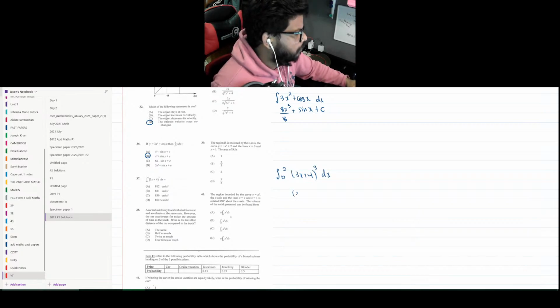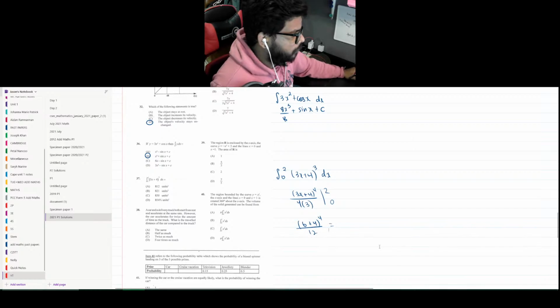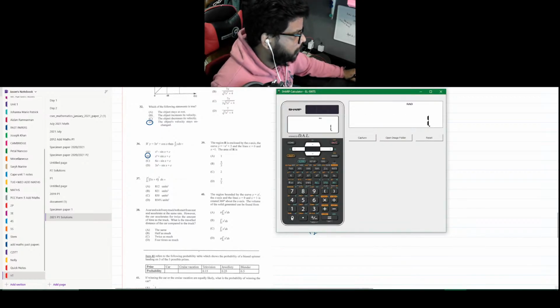We have (3x plus 4) to the power 4 all over 4 multiplied by 3, between 2 and 0. Just plug in the value 2. I'll get (6 plus 4) to the power 4 over 12. 10 to the power 4 divided by 12.